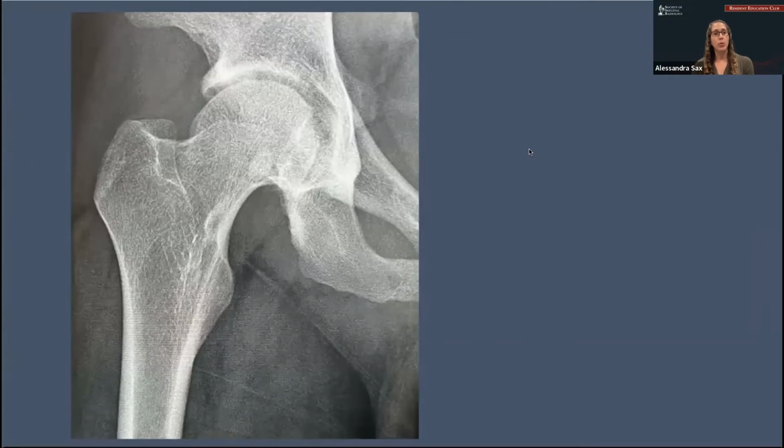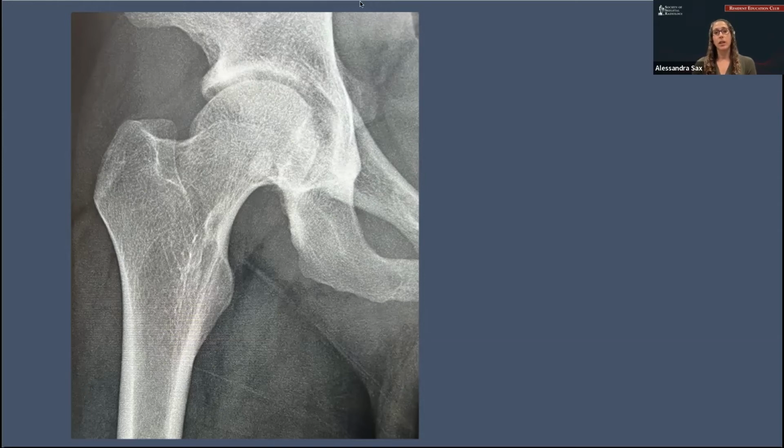This is our first case. This is a 26-year-old male who has a history of immunosuppression. He first got a radiograph in the ER for severe right-sided hip pain and loss of range of motion, and before any labs were obtained, it showed some joint space narrowing, which is more than you would expect in someone who's just 26 years old.